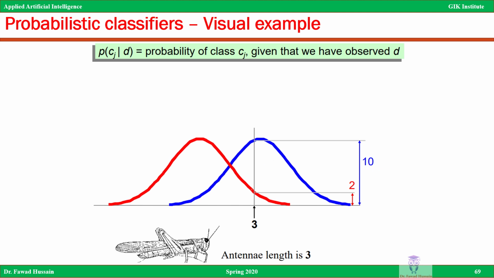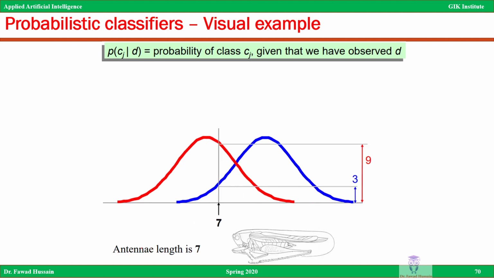So based on this we have two values, 2 and 10. Naturally the probability of this one is higher, so if we were to classify this, we would assume it to be this category rather than this category.